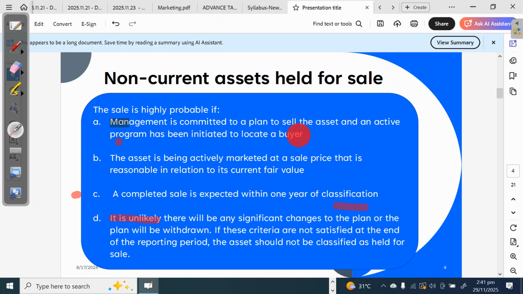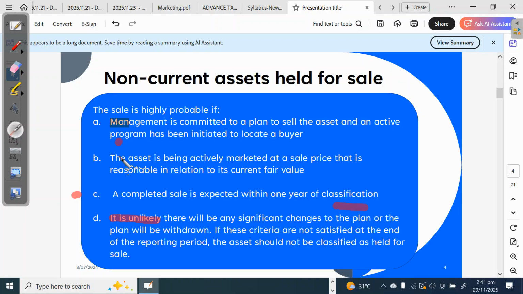So the key words here are locate a buyer. So management are ready to find a buyer. If you have not even started to look for a buyer, then you cannot classify the asset as held for sale.